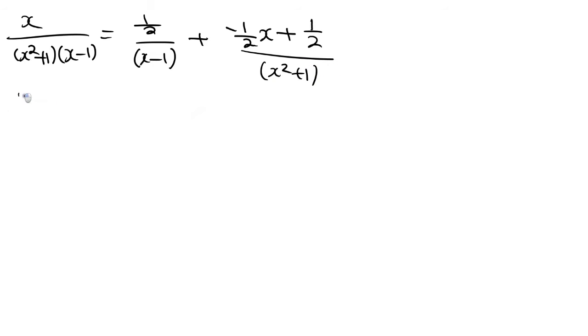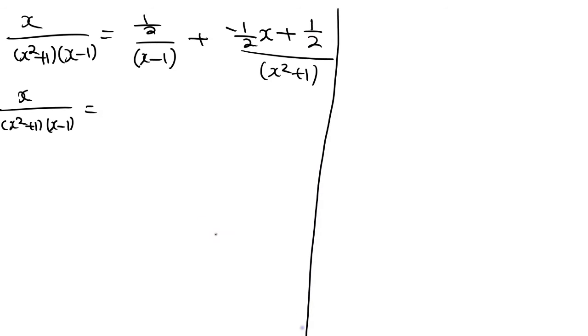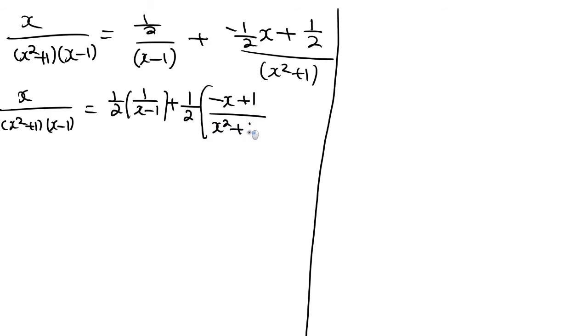It can simplify as x divided by x square plus 1 into x minus 1 is equal to, keeping 1 by 2 outside, 1 by 2 into 1 by x minus 1 plus, here 1 by 2 is there, here plus 1 by 2 is there. I will take 1 by 2 outside, 1 by 2 into the remaining term, minus x plus 1 divided by x square plus 1.